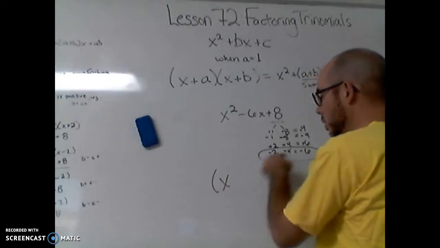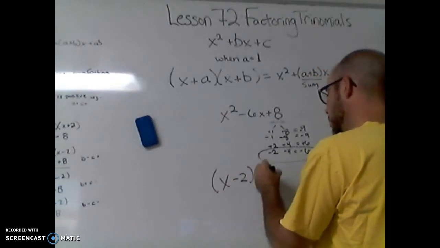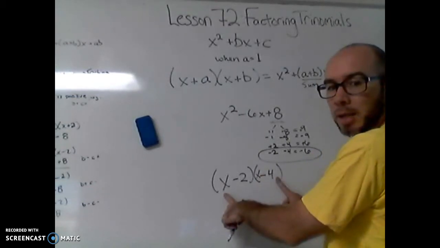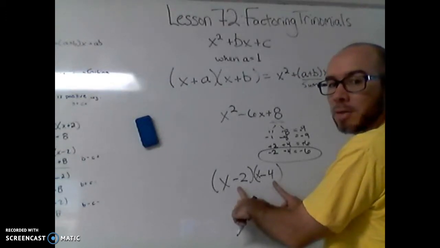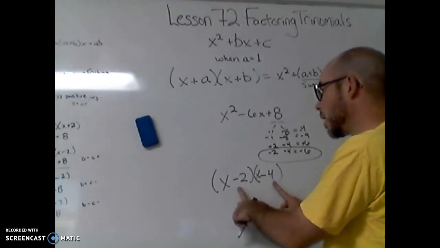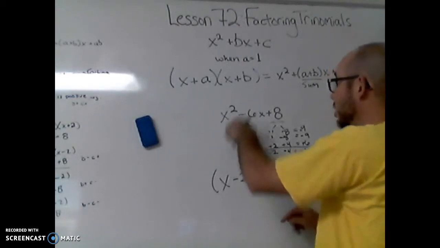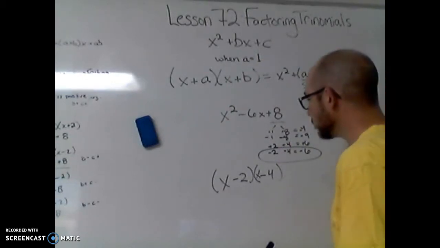Again, it doesn't matter which one of these goes first, but you have x minus 2, x minus 4. We're going to check really quickly: x squared minus 4x minus 2x, and then negative 2 times negative 4 is a positive 8. So that would get you there. We're going this way, but we could also go the other way and double check on our work.